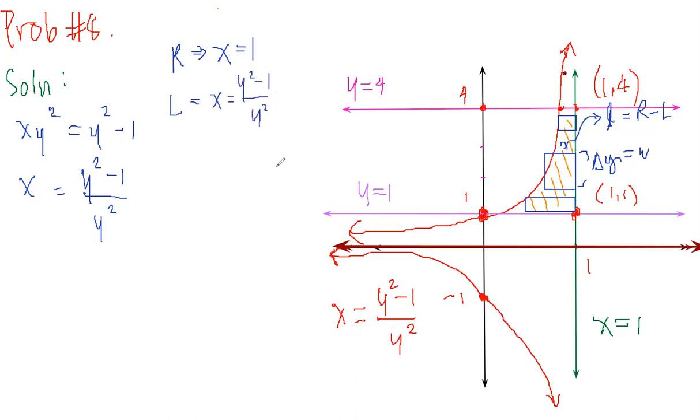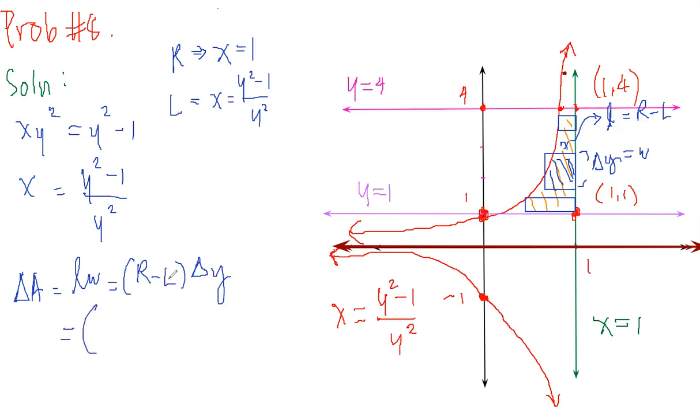So let's identify the area of the rectangular strip that we considered. That's delta A, the area of one rectangular strip, which is length times width, and the length is right minus left, so right minus left times delta y.